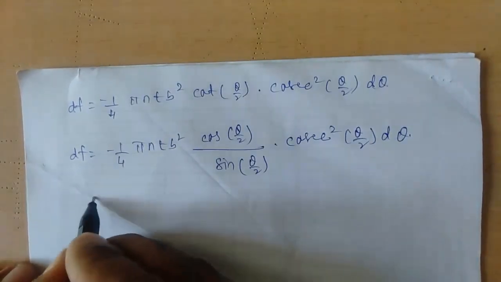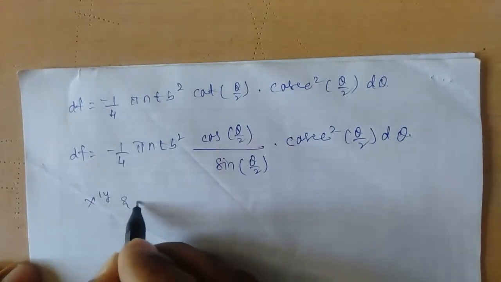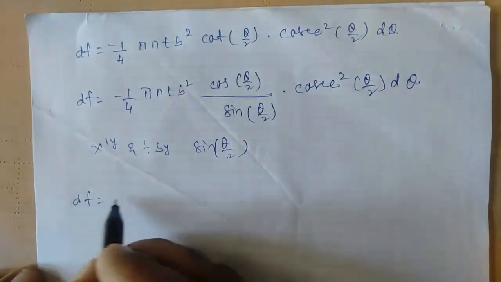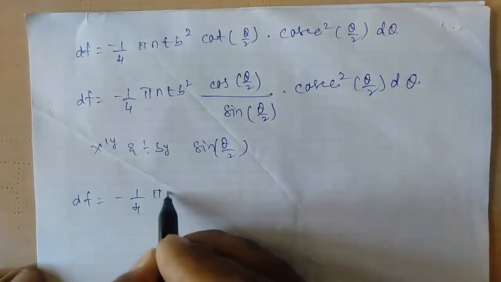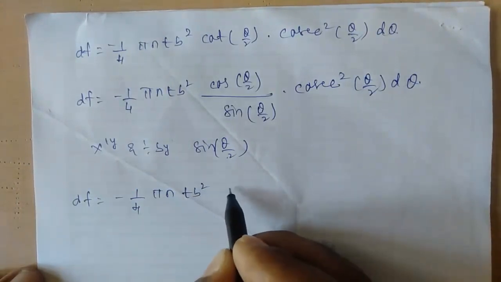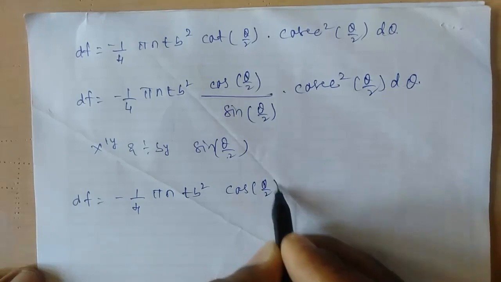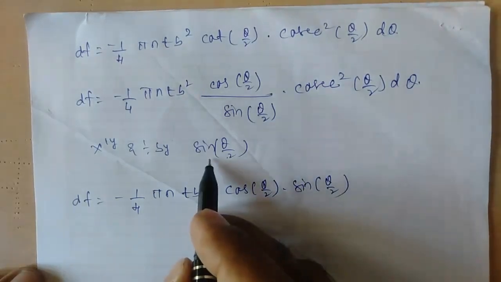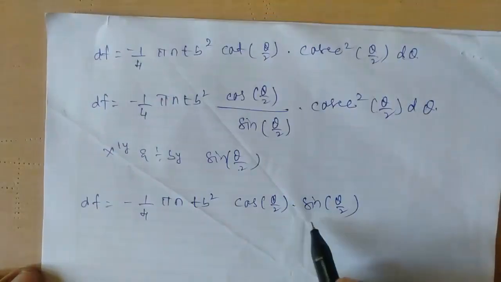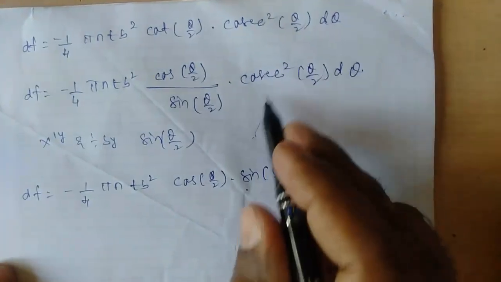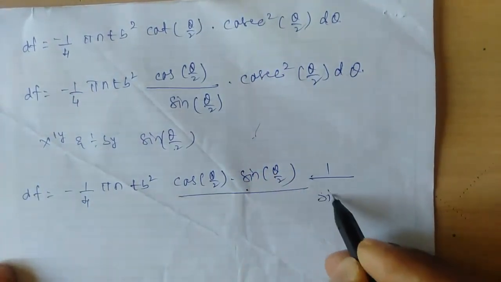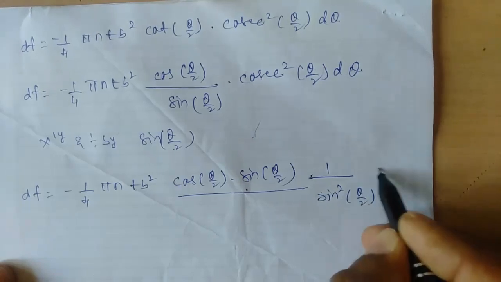Right. Now I can write this equation by multiplying and dividing by sin of theta by 2. So what happens? df is equal to minus 1 by 4 pi N T into b square cos of theta by 2 into sin of theta by 2. Why? Because we are multiplying with sin theta by 2, so in the numerator we have sin theta by 2, and cosecant square theta by 2 can be written as 1 divided by sin square of theta by 2 into d theta.